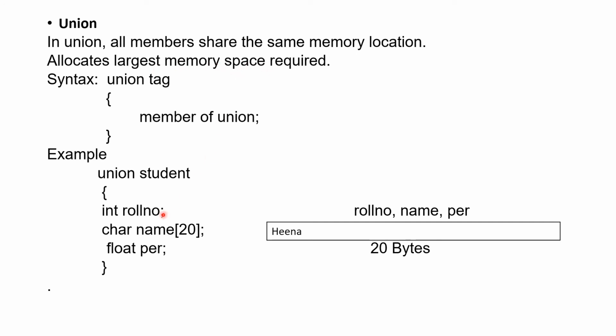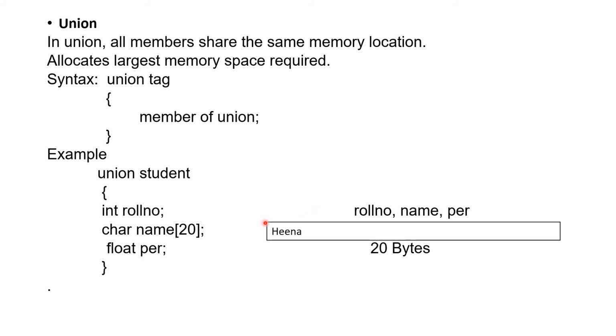For example, here integer requires 2 bytes of memory, float requires 4 bytes. Now here is character, but how many characters are there? 20 characters. So for this data member it requires 20 bytes, so it allocates 20 bytes, and these 20 bytes are shared by the roll number, name, and percentage.